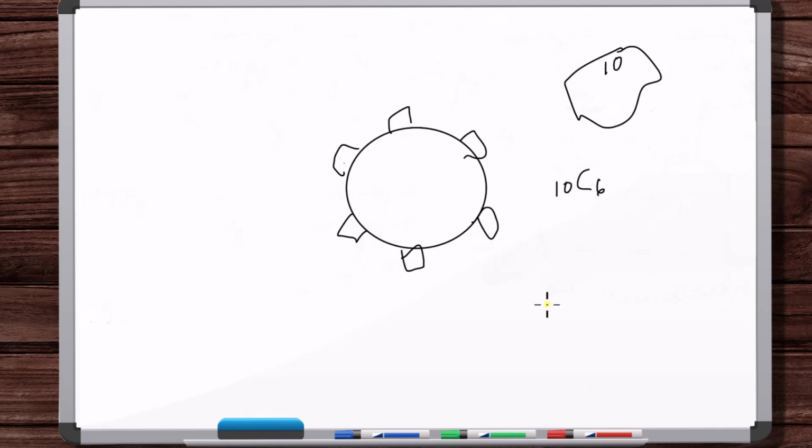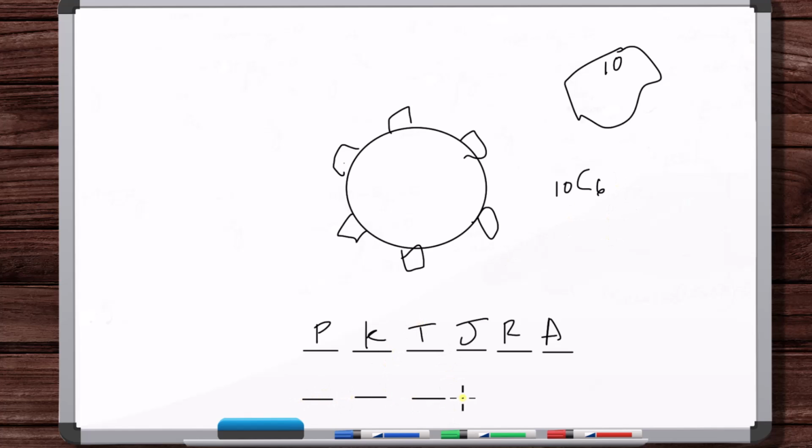And why is that? Because if we think about this from the perspective of a line, arranging these people in a line, we know that with 10 choose 6, this could be Philip, Kate, Tim, John, Richard, Alex. But with 10 choose 6, the whole idea is we're counting, so as long as we replace one of these people with someone else, that's a new count.